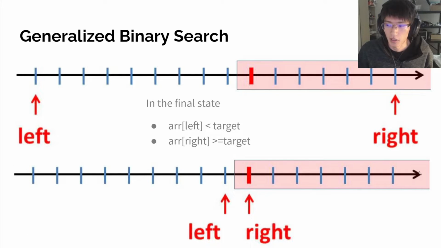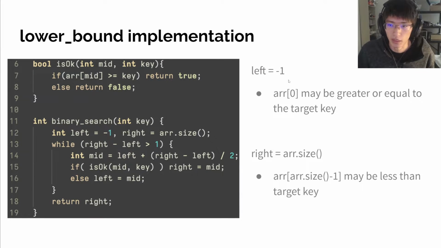And then for the right side, if all the values in the array are going to be less than the target, that would mean that left has to go to n-1 or array.size - 1, and then right would be at n. So that's why we set it to -1 and array.size.